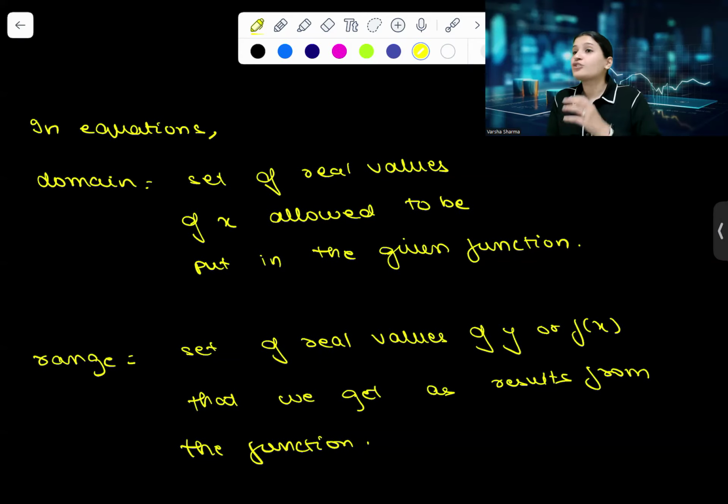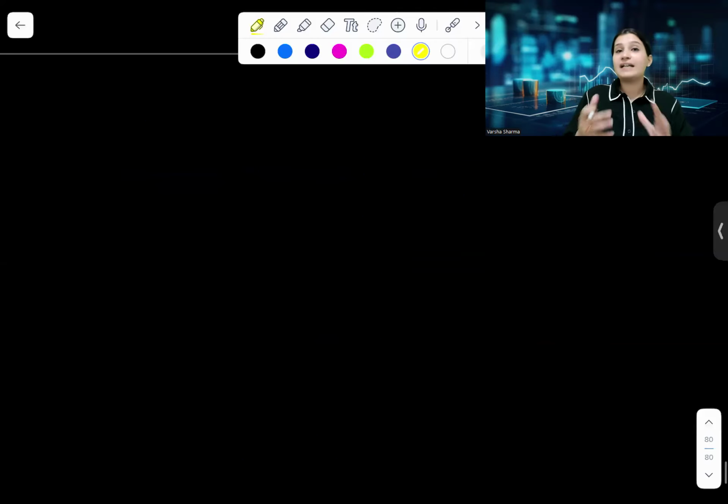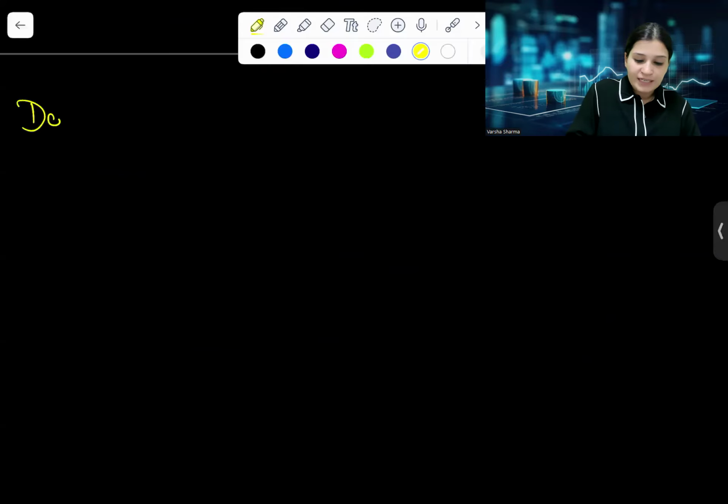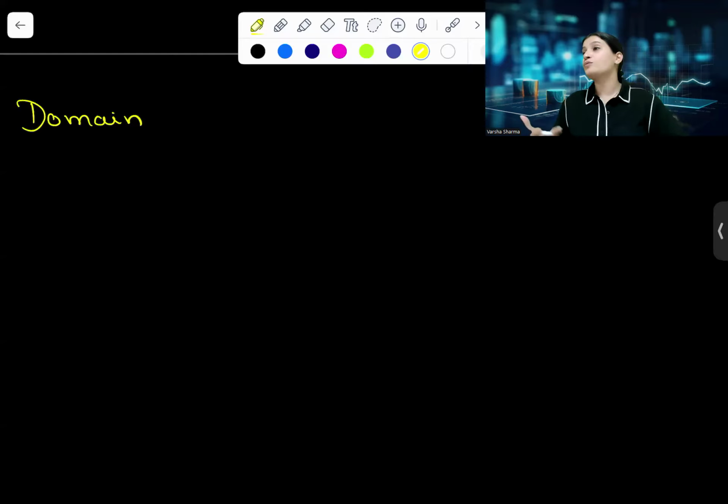So I need to make sure that I do not have 0 in the denominator, and I do not have a negative number within the root. If these two things are checked, then I'm okay with everything else. So you can take all the values, right? So first, we'll start with the domain. That means I'm going to consider what values of x I'm allowed to put in the equation. So we have two varieties of questions.